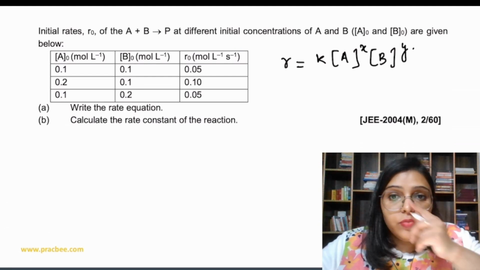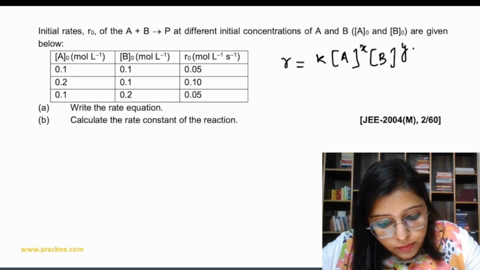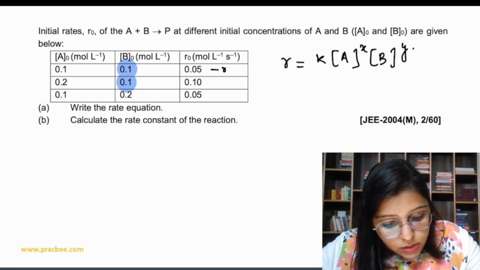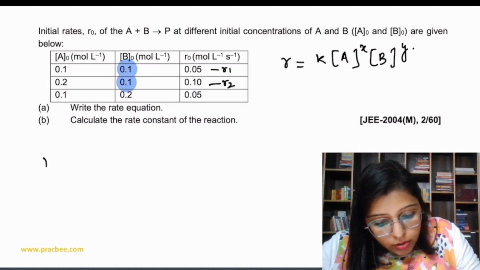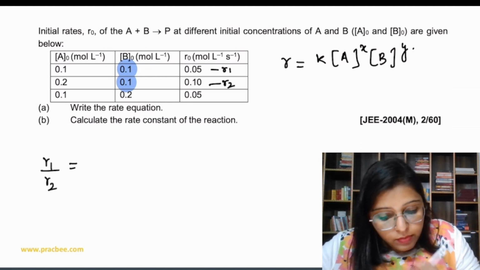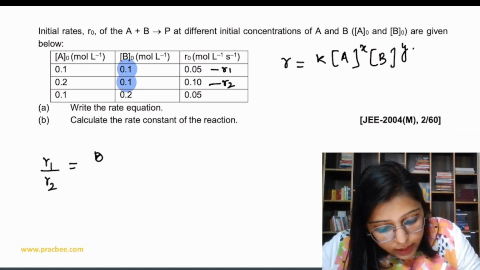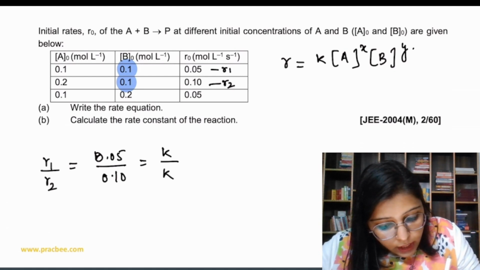ठीक है, so first let's take where b का concentration is constant. So suppose this is r1 and this is r2. Now let's solve for r1 and r2. So this is going to be 0.05 upon 0.10, k upon k.